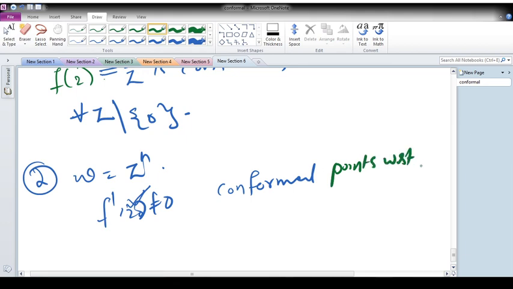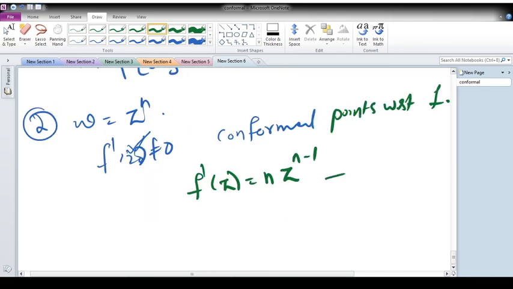So we need to find the corresponding derivative. f'(z) = n z^(n-1), which is not equal to 0 for all z except 0.